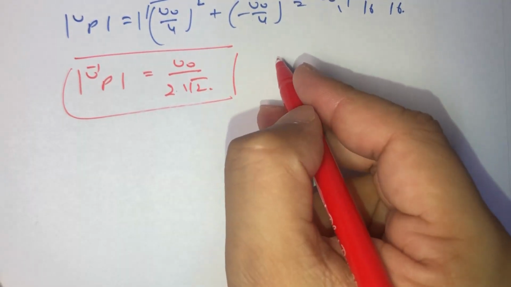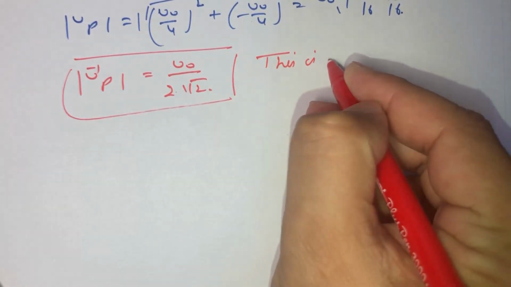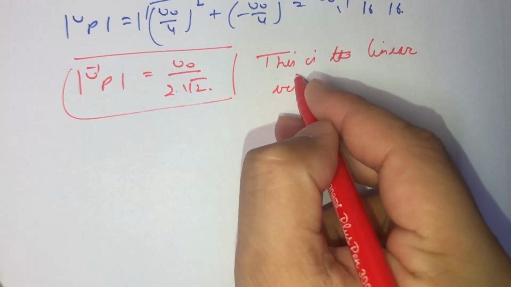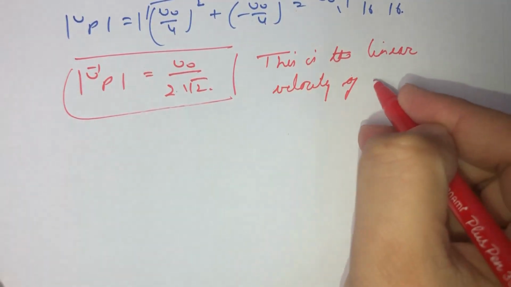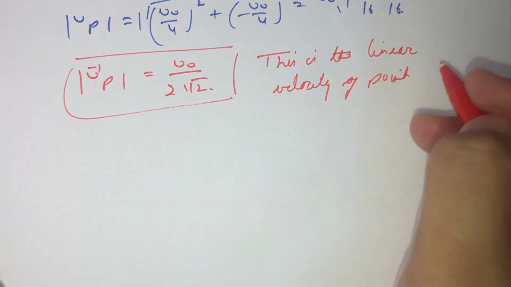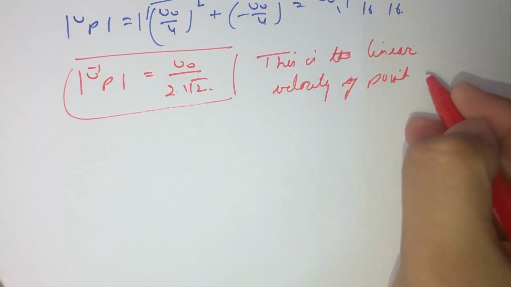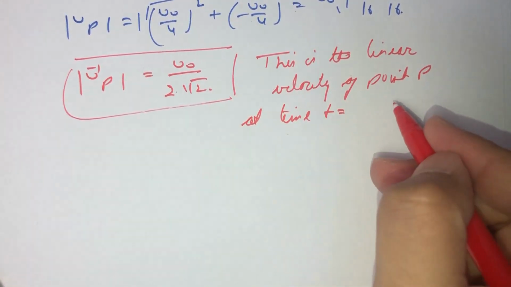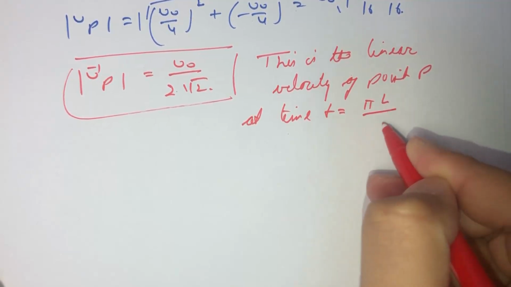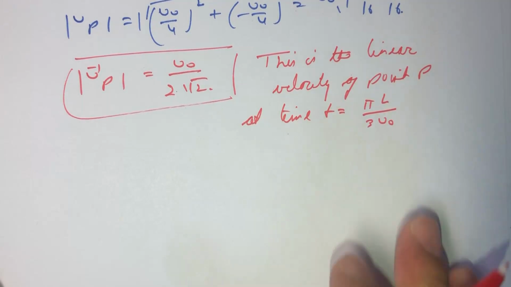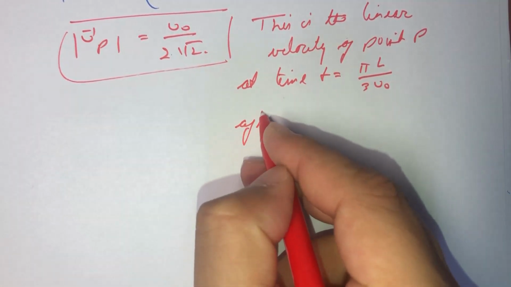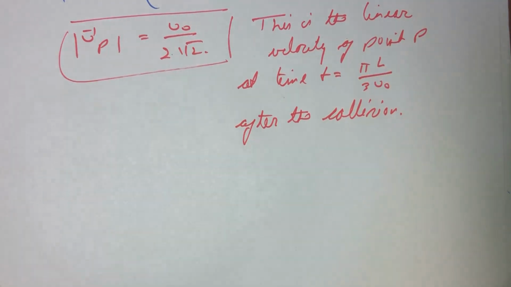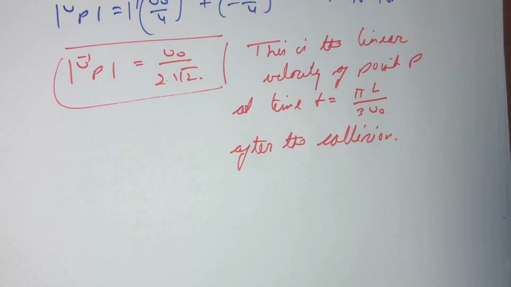So this is the linear velocity of point P at time t is equal to pi L divided by 3V0 after the collision. So this completes the question.